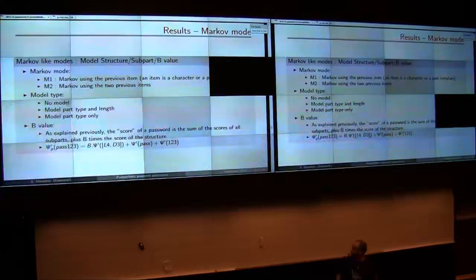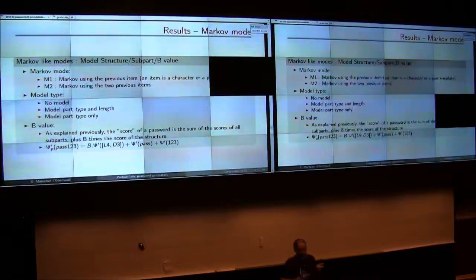Okay, so a bit about the notation. For all the Markov modes I tested, you will have a value which will be the model structure slash the subpath slash the p-value, where the first two parameters will be either m1 or m2, which is Markov using the first previous character, or Markov using the two previous characters. The model type will be no model.